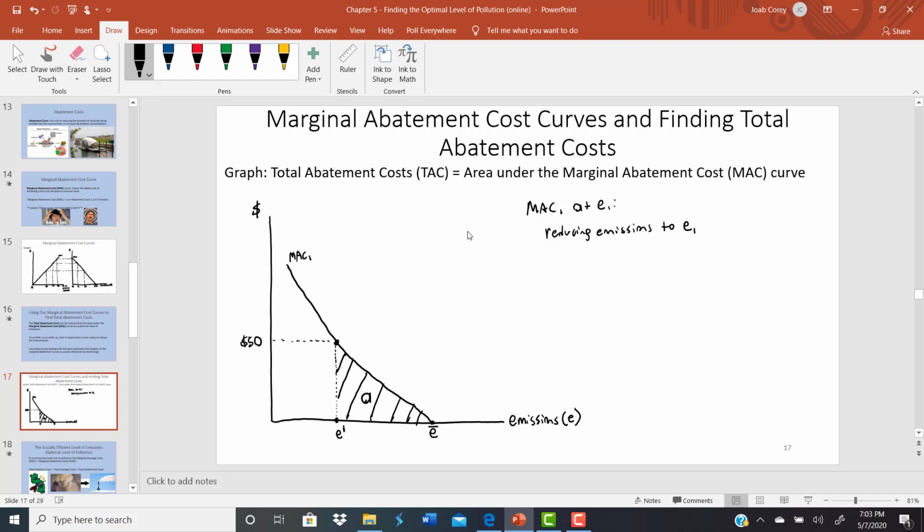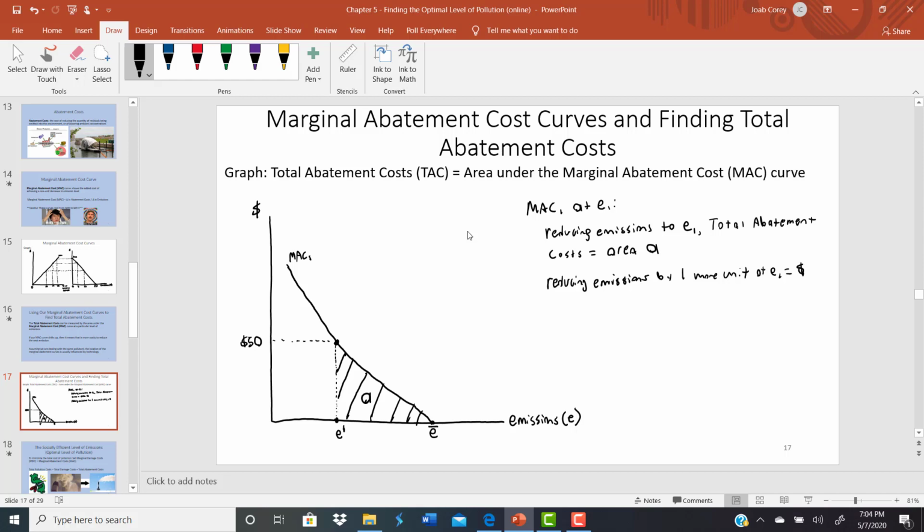Then our total abatement costs are going to be equal to area A. Also, reducing emissions by one more unit when we are already at E1 is going to be equal to that $50.